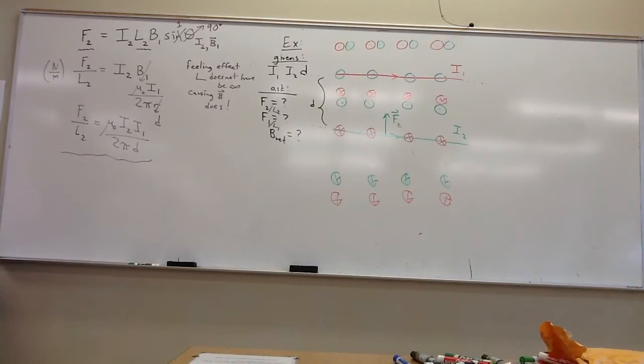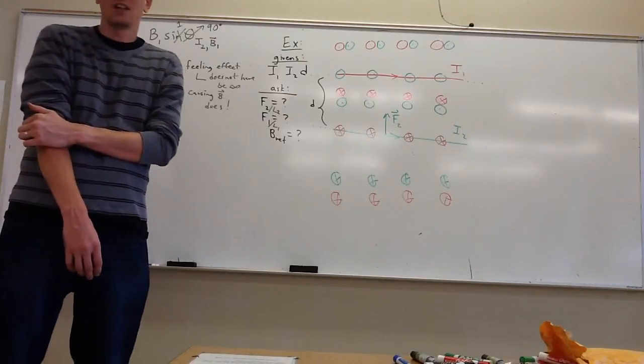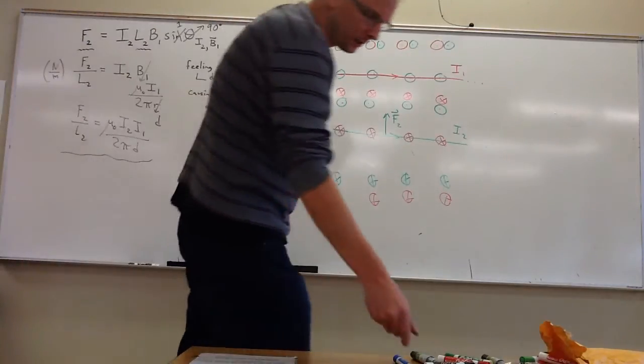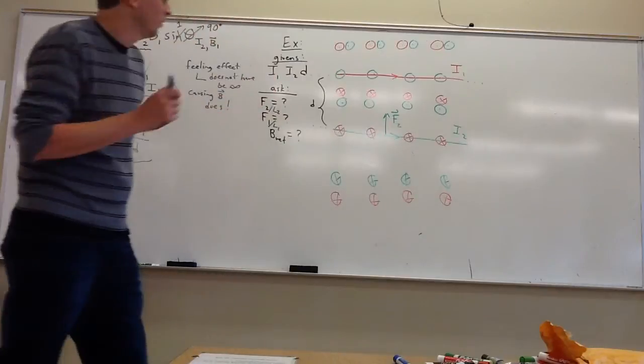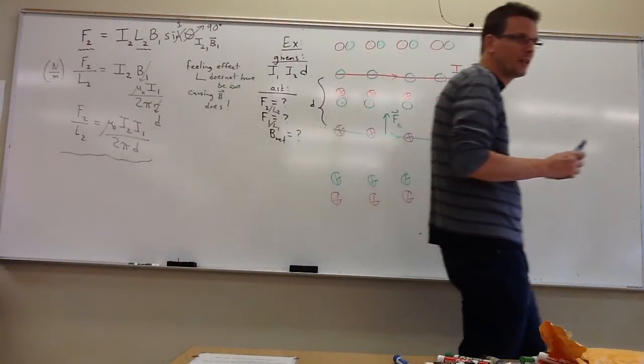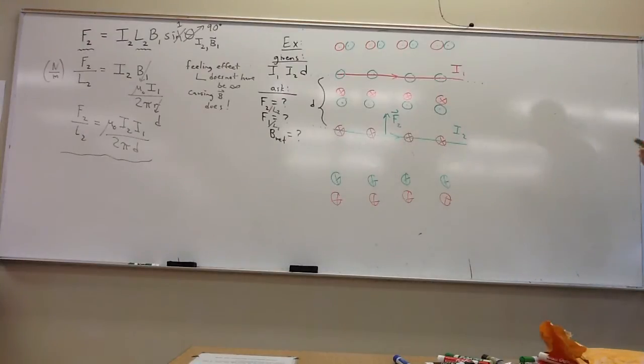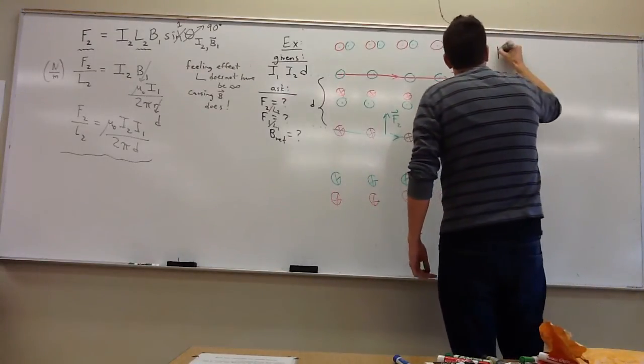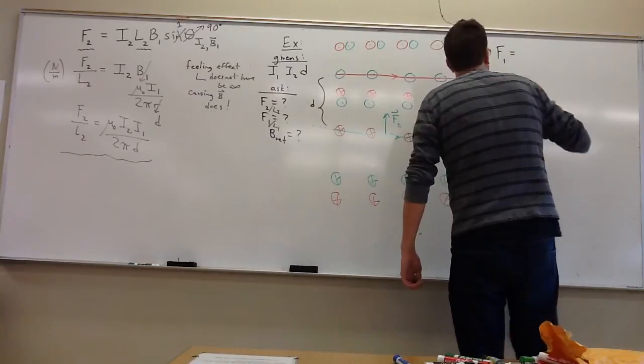But the only place I really needed to draw it was on top of wire 1, because of course wire 1 feels the effect from that local field. Just where it's sitting, it experiences some field. So let's do it. This will proceed very similarly to what I did before. We want to now define the force on wire 1.